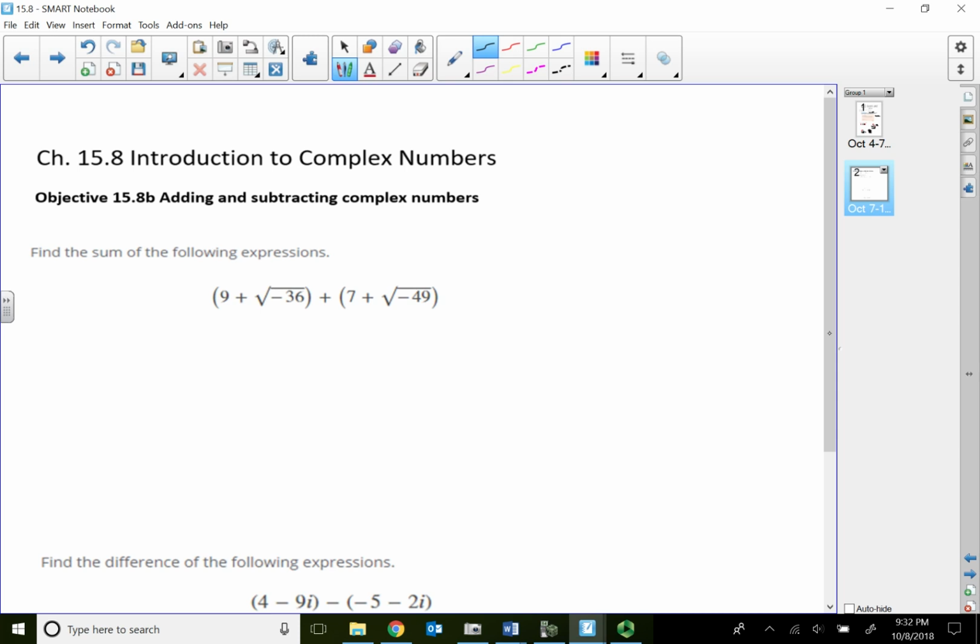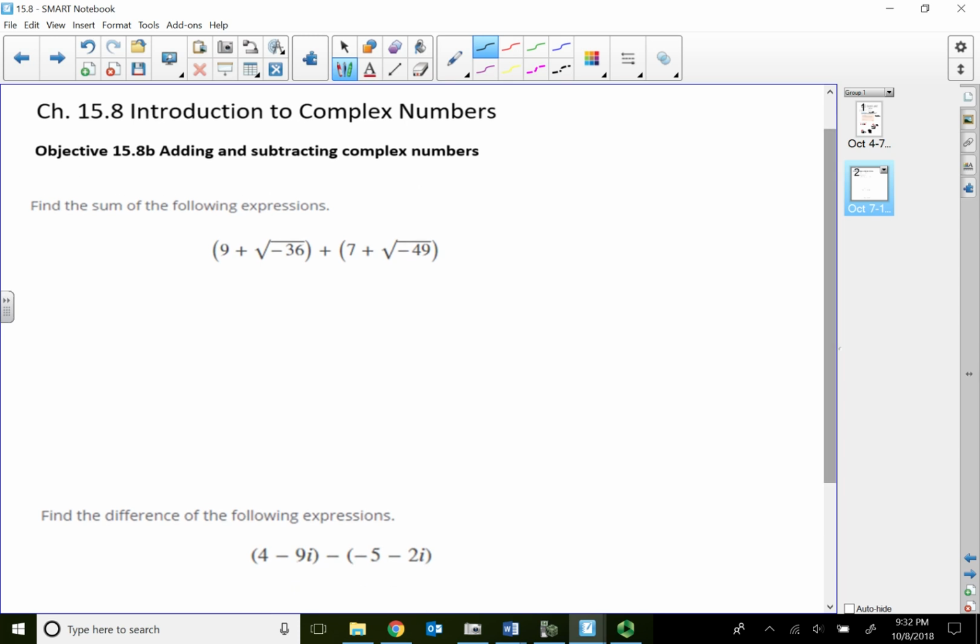Whatever I can simplify first, I'm going to simplify, the radicals with a -1 on the inside, which will lead to imaginary numbers. So the square root of -36 is going to be 6i. The square root of -49 is going to give me a 7i. So I'm going to rewrite my problem.